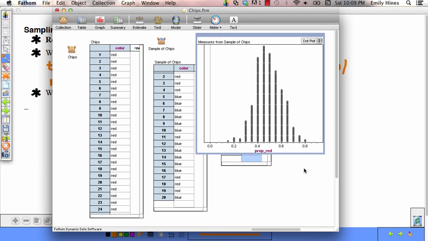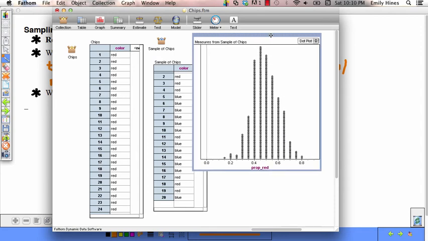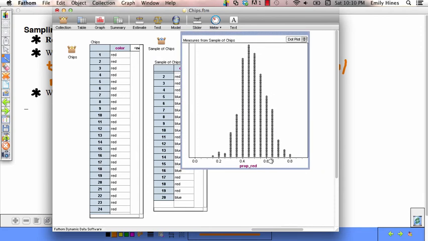And if I have this information, having taken many samples, I can use it to help me figure out where the true proportion of red chips in the whole population probably is. And it's probably one of these that I got more of.